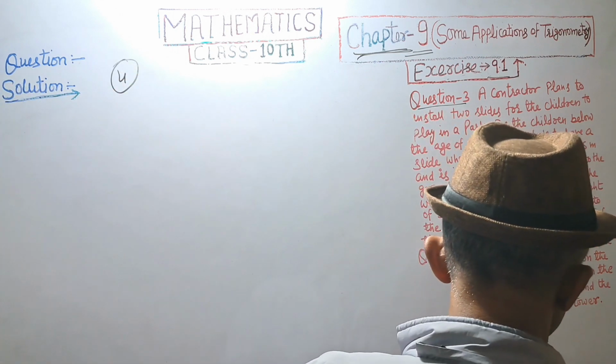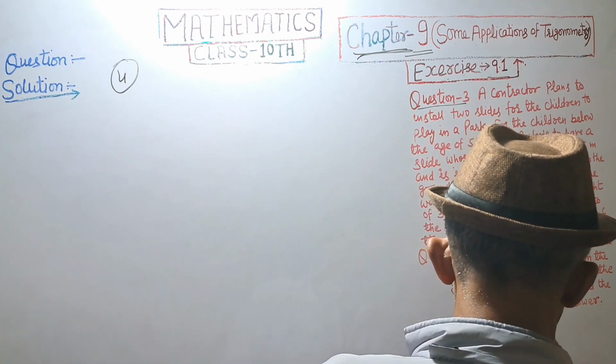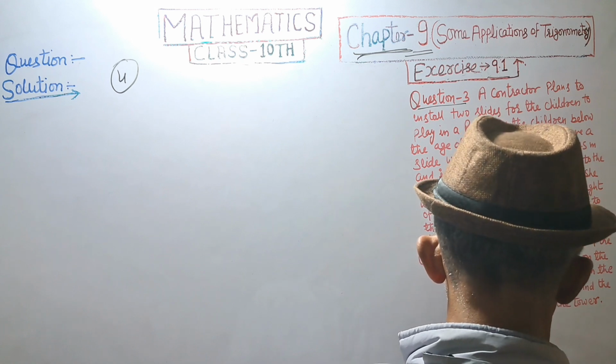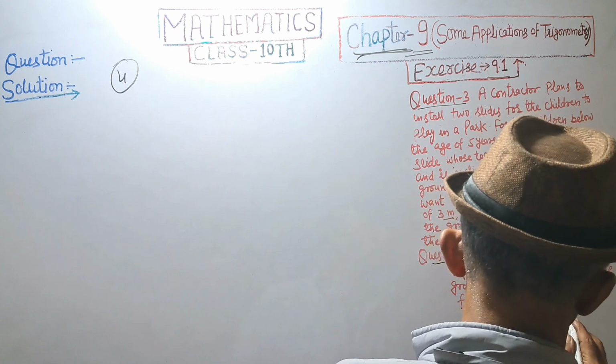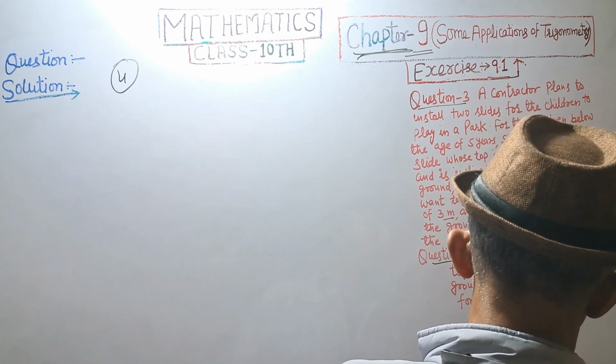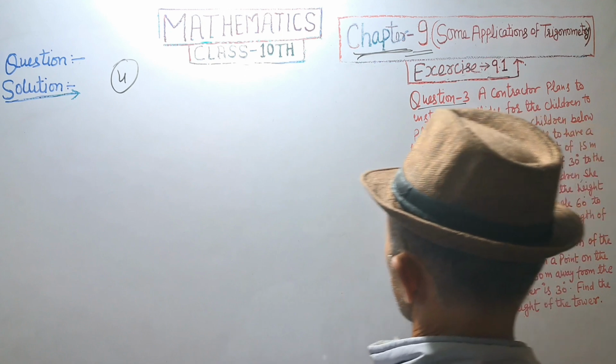The angle of elevation of the top of a tower from a point on the ground which is 30 meter away from the foot of the tower is 30 degree. Find the height of the tower.